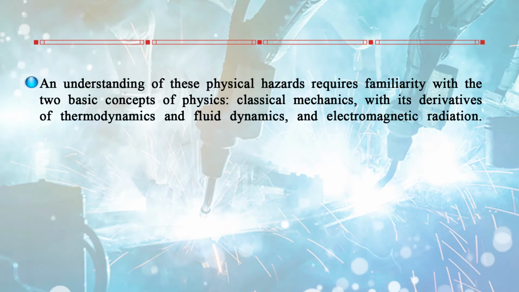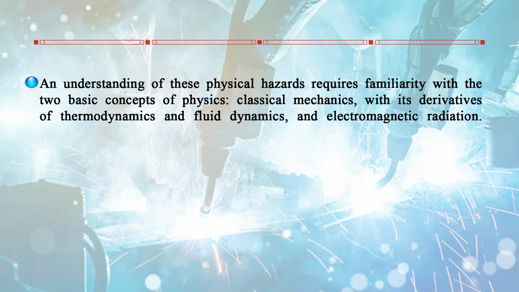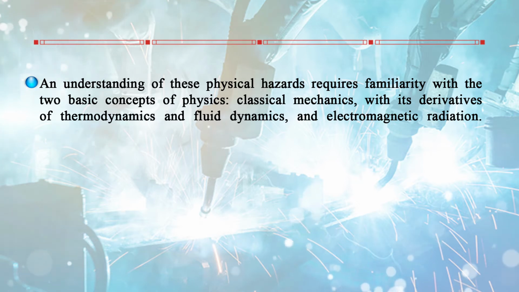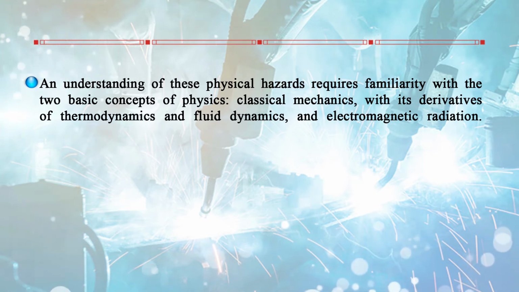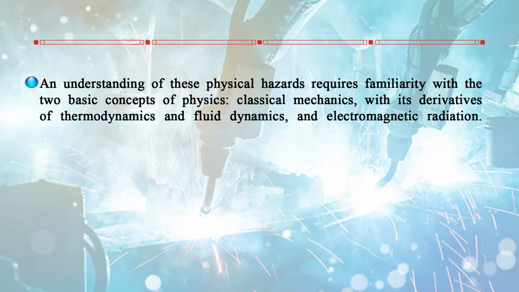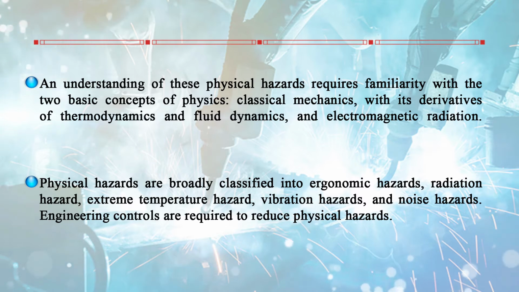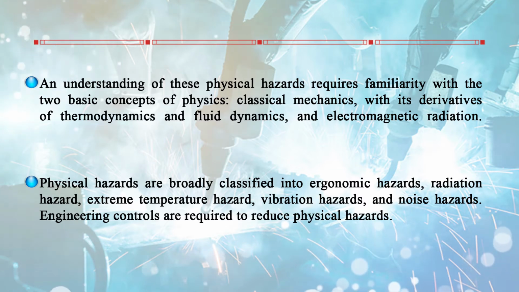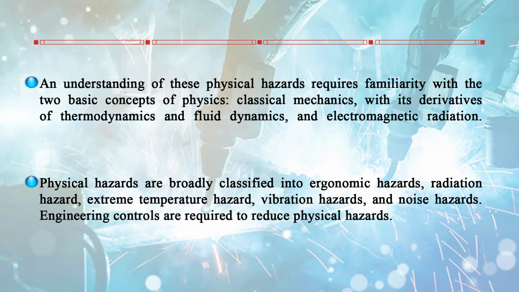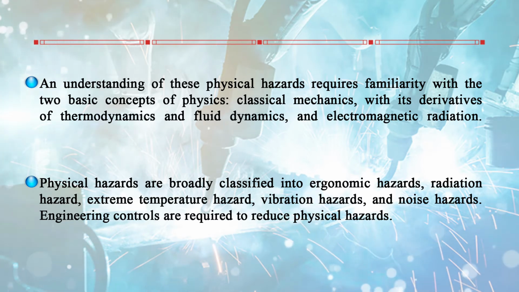Understanding these physical hazards requires some familiarity with basic concepts of physics, one being classical mechanics, with its derivatives of thermodynamics, fluid dynamics and electromagnetic radiation. Physical hazards are broadly classified into ergonomic hazards, radiation hazards, extreme temperature hazards, vibration hazards and noise hazards, and engineering controls are required to reduce physical hazards.